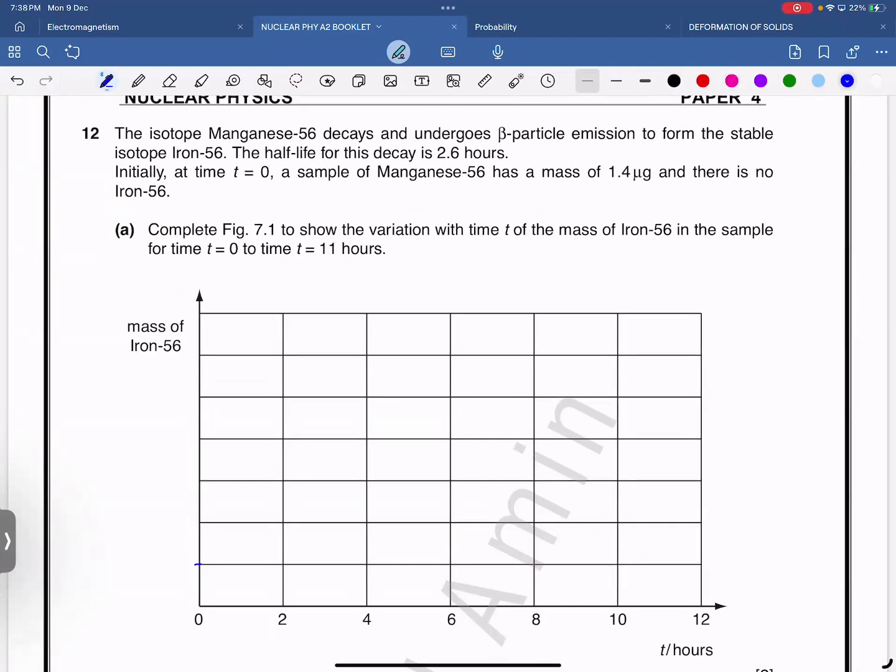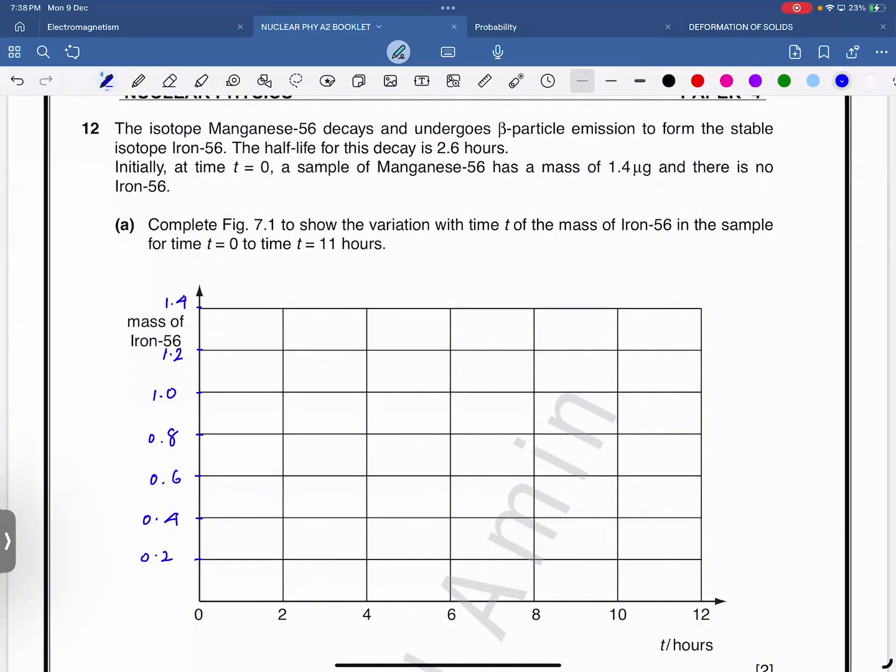So on the y-axis, go 0.2, 0.4, 0.6, 0.8, 1.0, 1.2, and it is in micrograms.